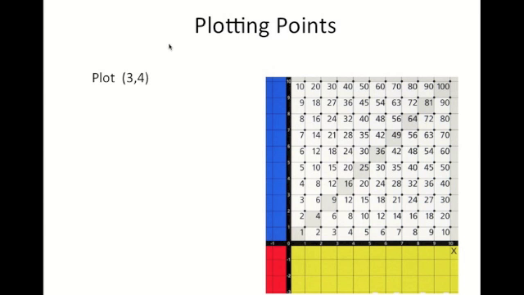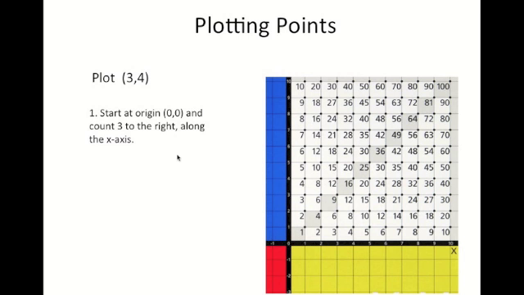There you have the ordered pair 3, 4. This represents a point in this grid. To find that point, go to the origin. That's this corner here, the lower left-hand corner, labeled with a 0.